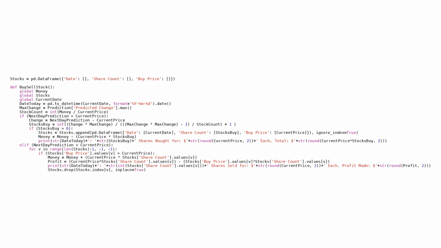For each qualifying stock, it increases the available funds by the appropriate amount, computes the profit made, logs the transaction, and removes the sold stock record from the stock's data frame. This code streamlines the process of stock trading decisions by automating the decision-making process based on specific parameters. It enhances stock transaction management efficiency and reduces the need for manual interventions.